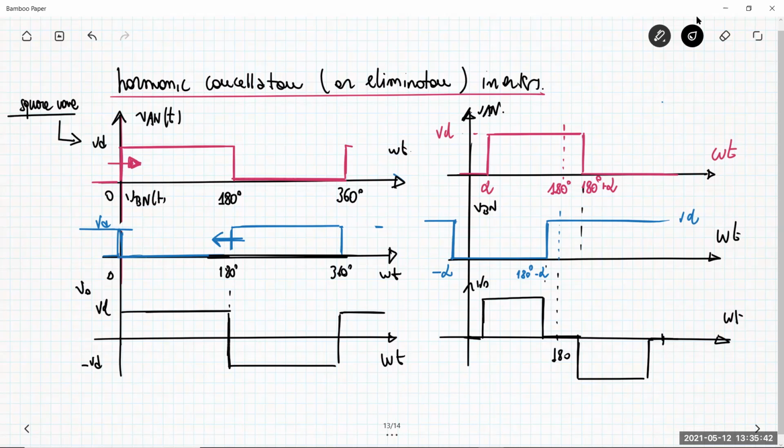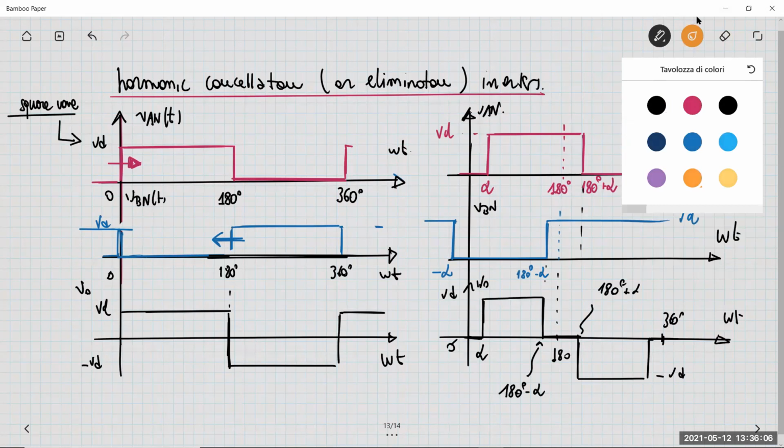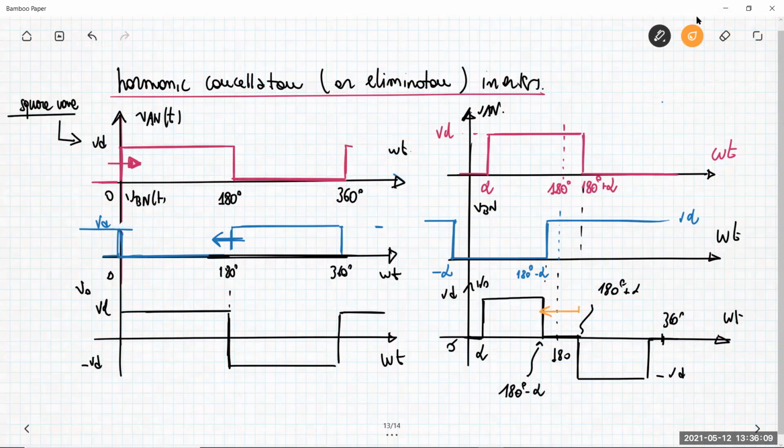So we have 0, VD. This is alpha. This point is 180 minus alpha. This is 180 plus alpha. Negative VD. This is 360 degrees. And so the space in which you have null here is 2 alpha.